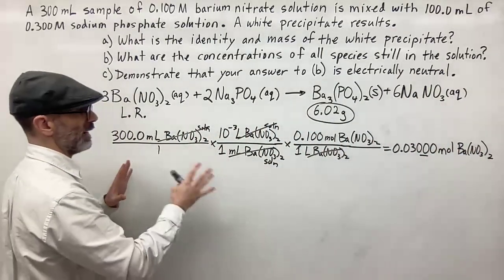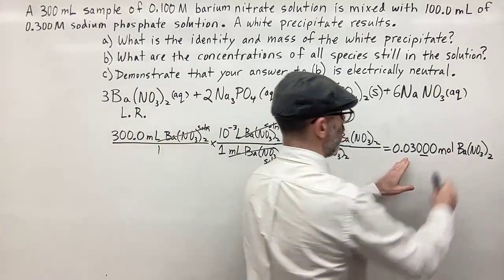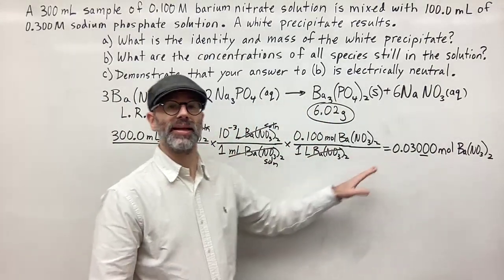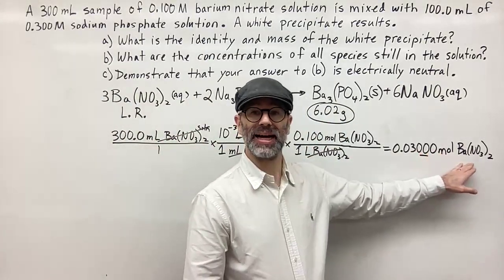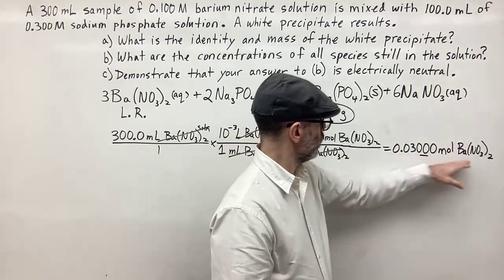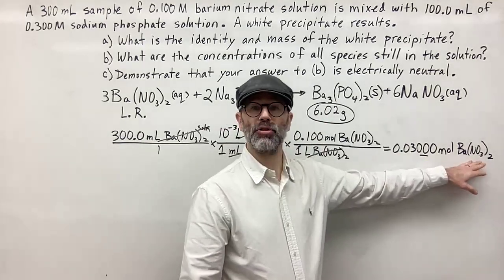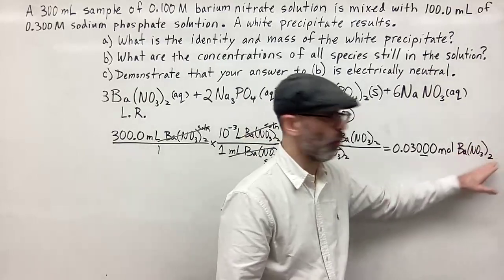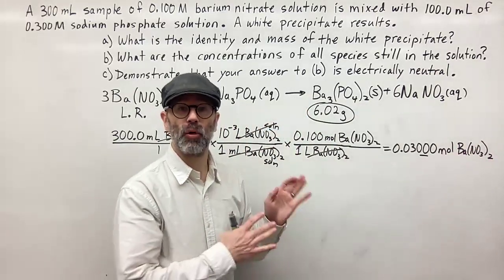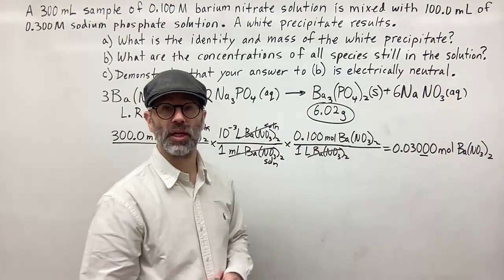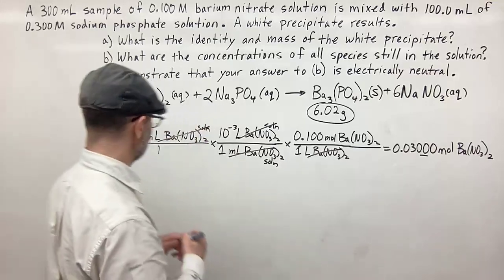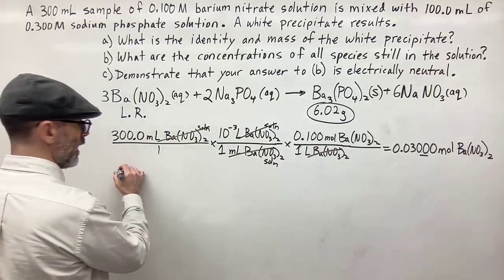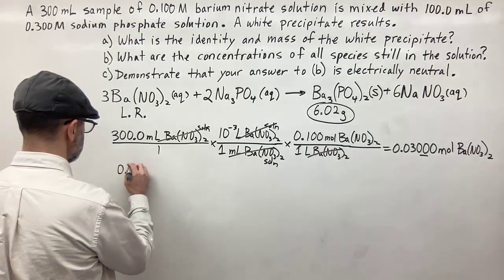Okay, so this is the moles that we started off with of the barium nitrate. Now we want to look at the ions themselves. So we look at the mole ratio. Here we can use the mole ratio from the formula itself to get from moles of the substance to moles of the ions themselves.